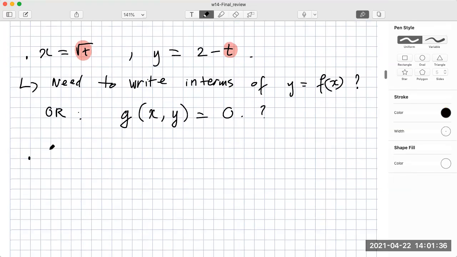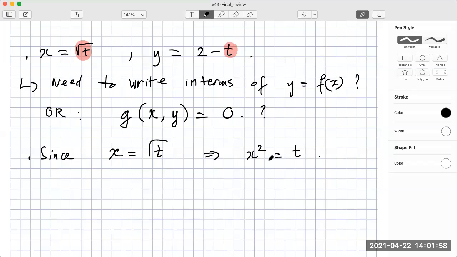Therefore, we're given that x is square root of t. Therefore, we can write the relation between x and t here. It means that x squared is equal to t. Very good. Good job.